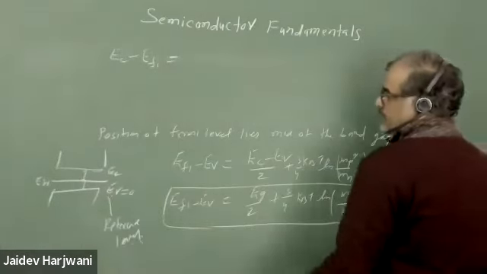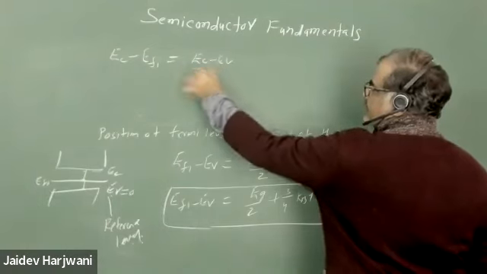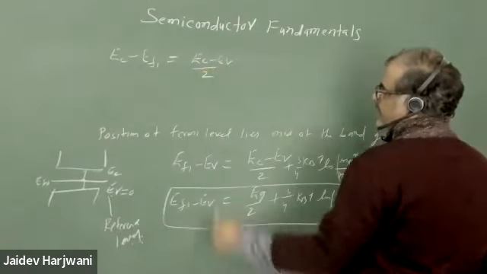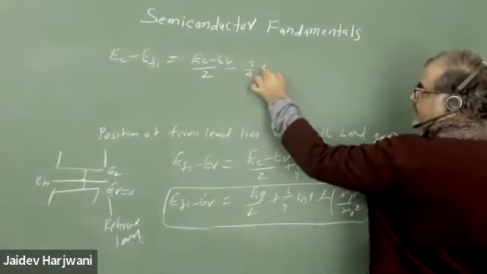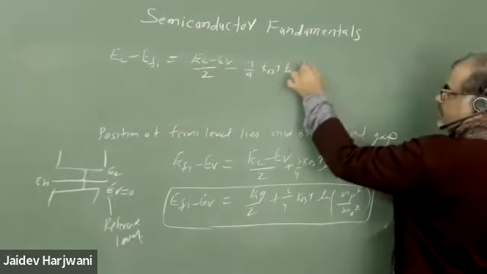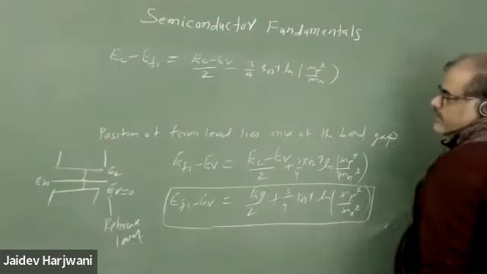If you calculate, again you will get EC minus EV by 2 minus 3/4 kBT ln MP upon Mn.